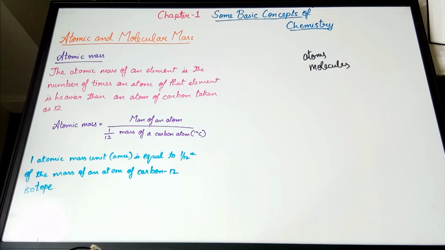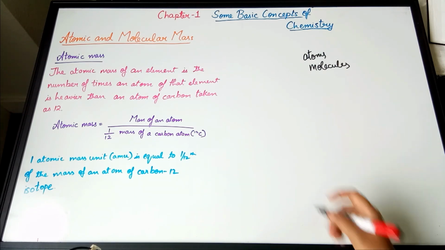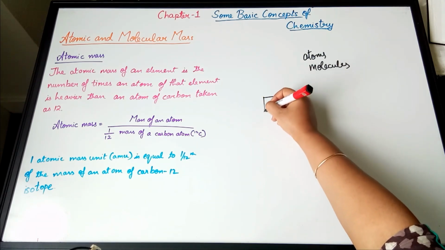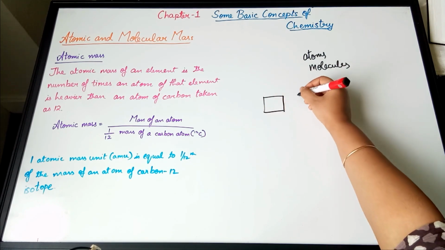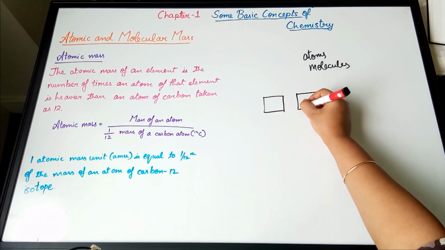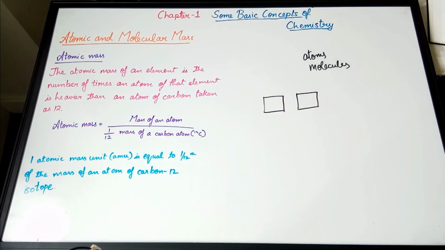According to the hypothesis, equal volumes of different gases under similar conditions of temperature and pressure contain equal number of molecules. When we spoke about solids, liquids, and gases, we got to know that gases generally occupy the volume of the container.